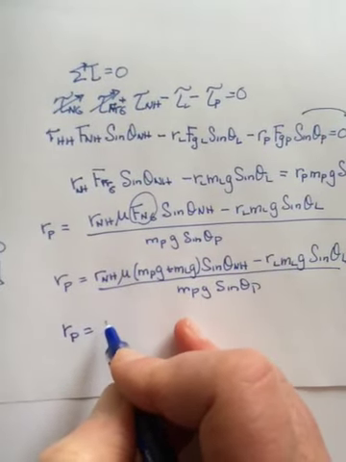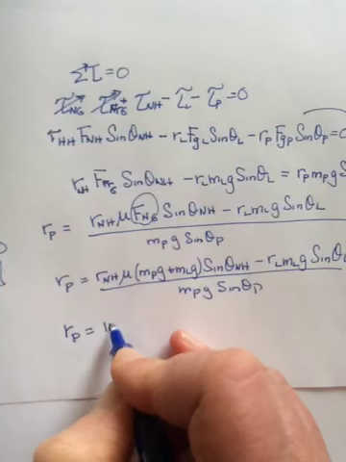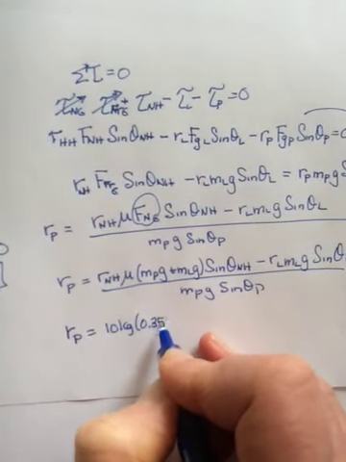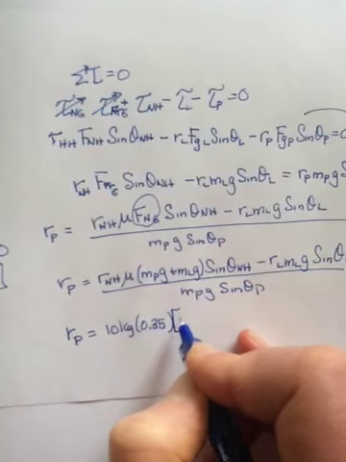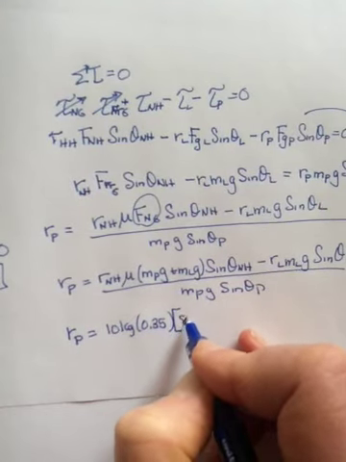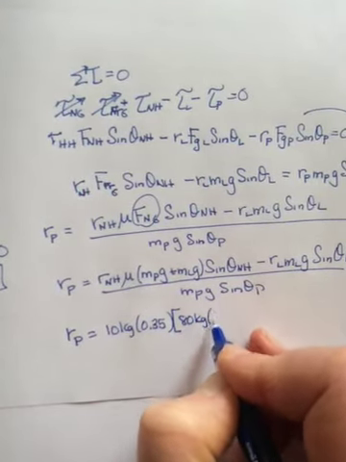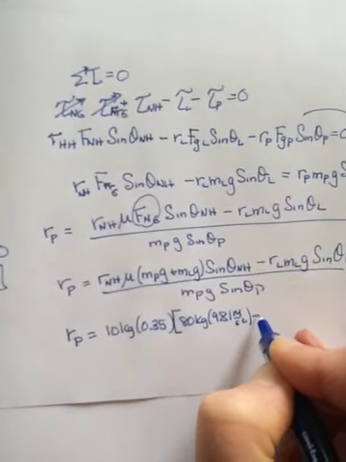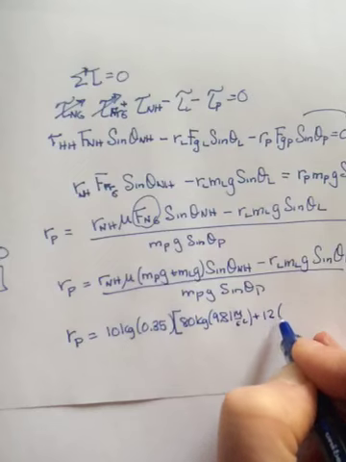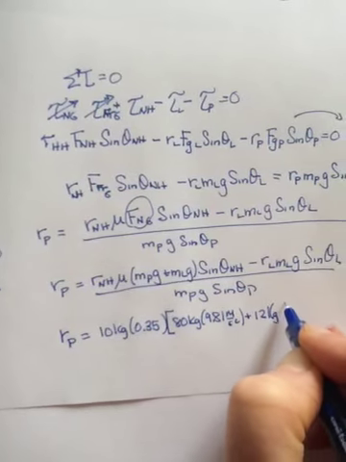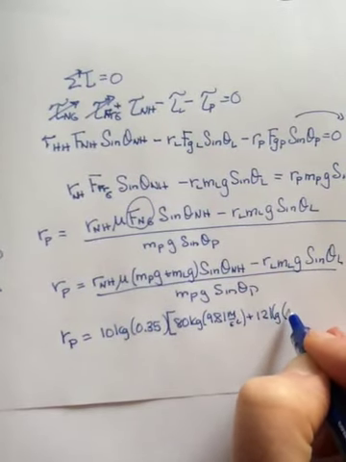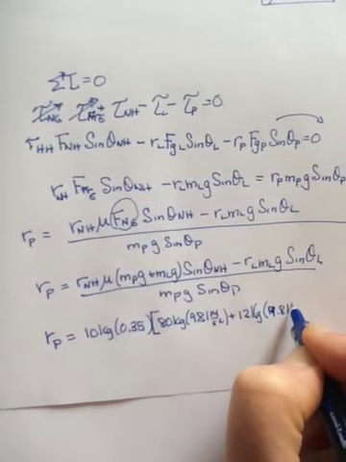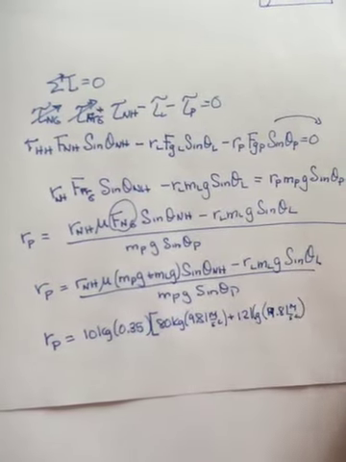R normal of the house is the full length of the ladder, which is 10 meters. The mu they told us was 0.35. And then this is going to be, the person was 80 kilograms times 9.81 meters per second squared, plus the ladder, 12 kilograms times 9.81 meters per second squared.